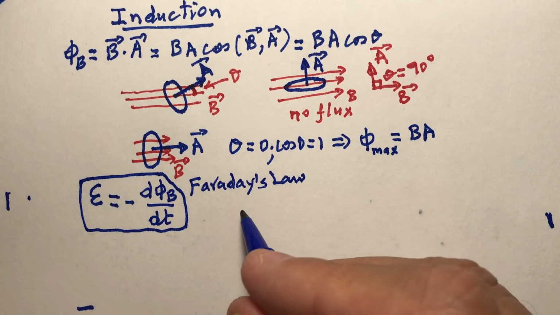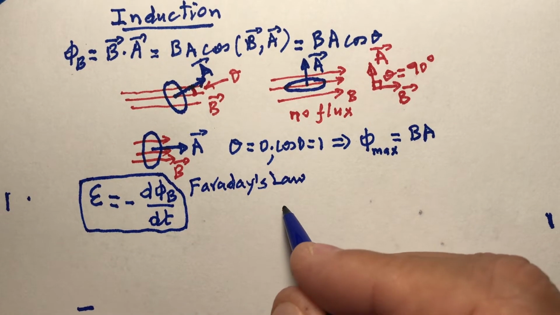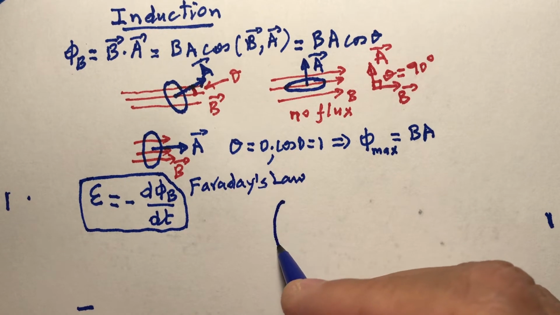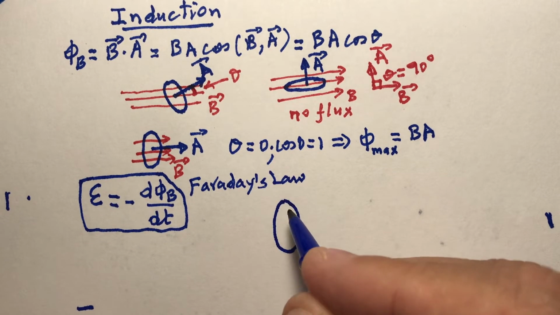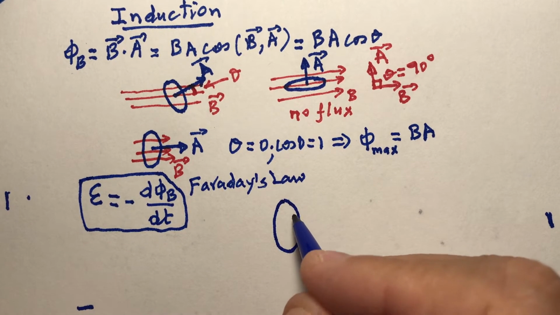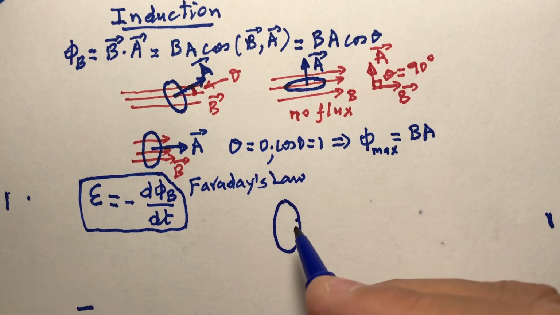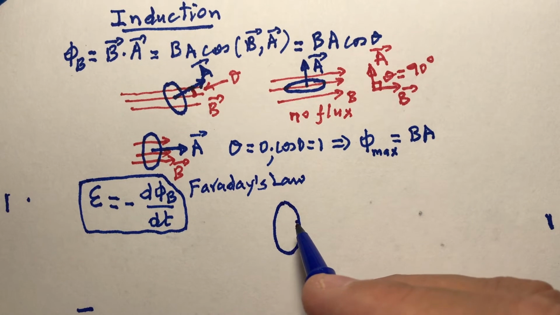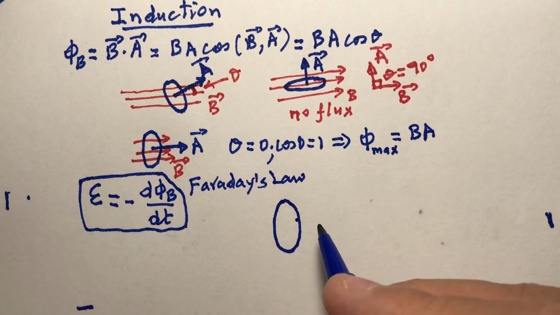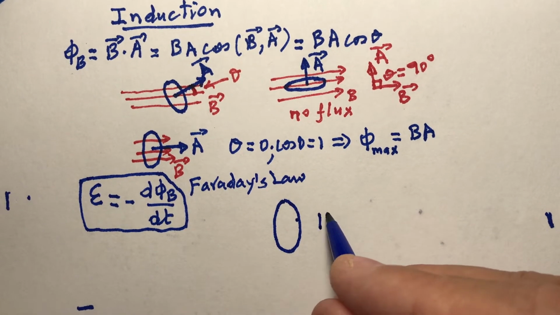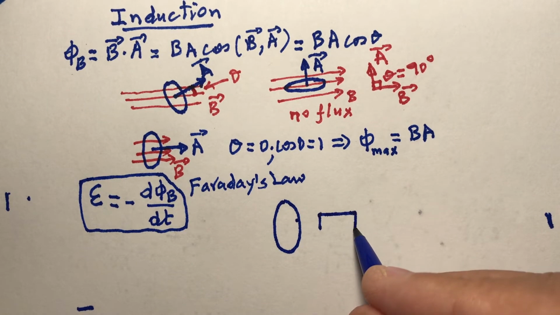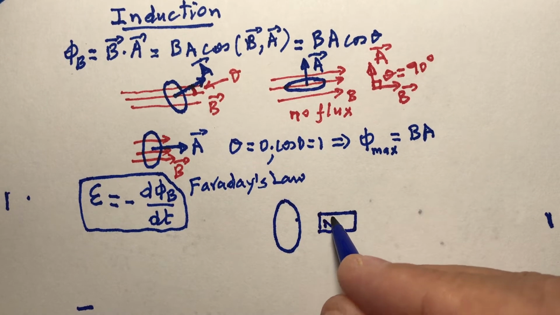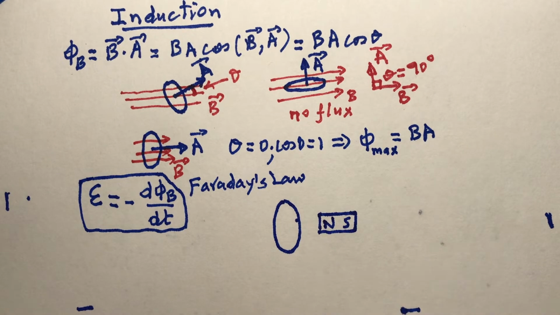Now, if you have a loop, like a wire, or a ring, and this ring is not attached to anything. It's just sitting there in space. And you bring some magnet. Here is a magnet. This is north and this is south.